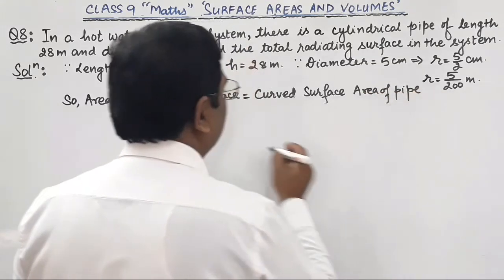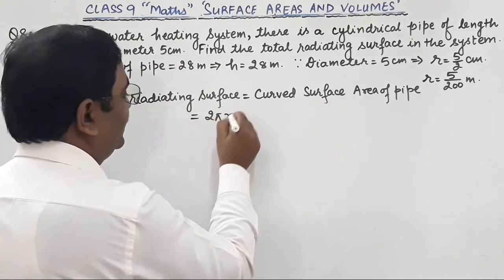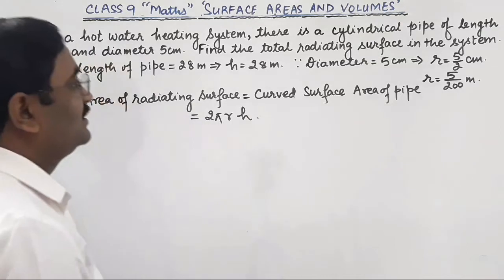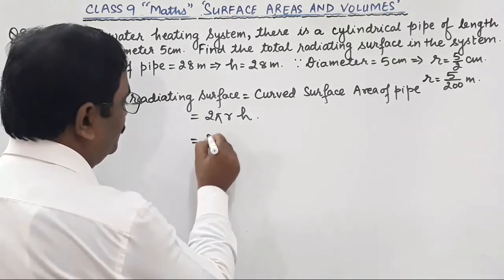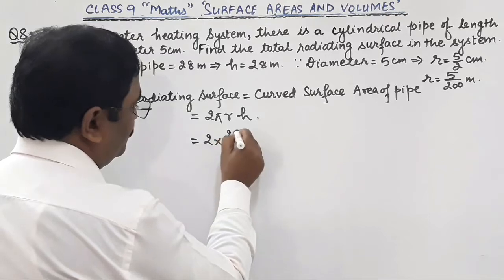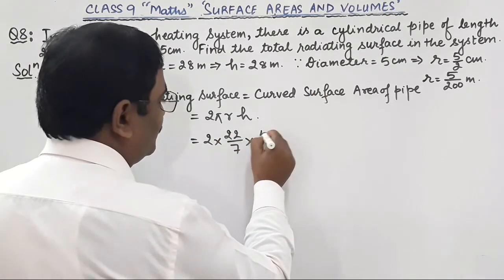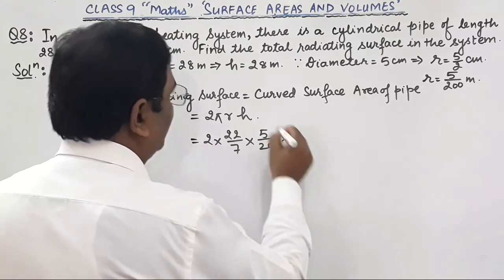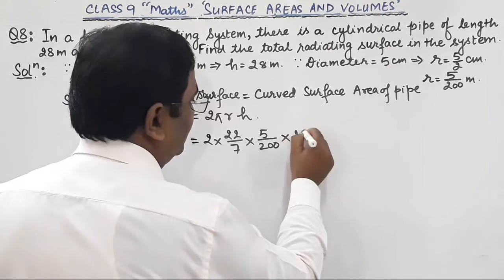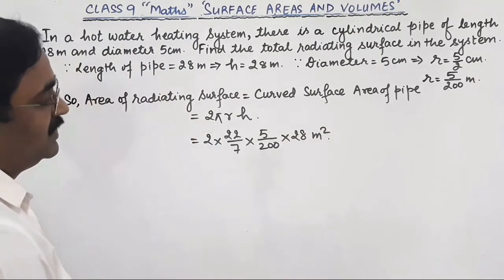Right friends? And the curved surface area of pipe is 2 pi r into h. Now substitute the values. 2 pi is 22 upon 7, radius is 5 by 200 meter, multiplied by height 28 meter square is the unit.